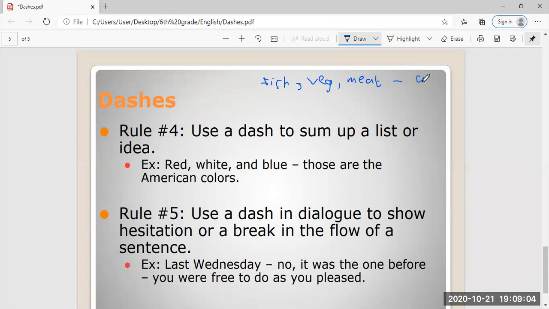Another example: next Wednesday, dash, no, it's the one after it, dash, you were free to do as you pleased.